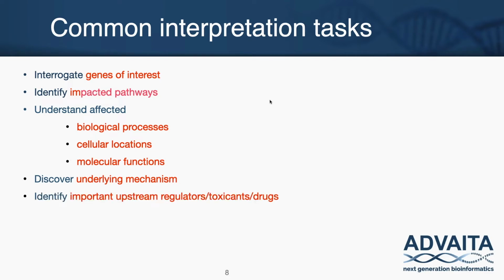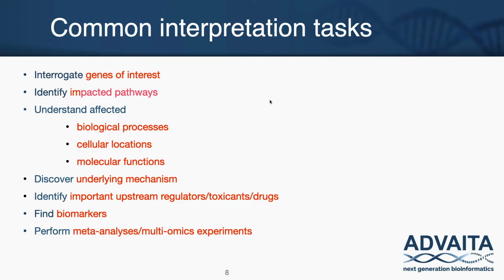Are there any important upstream regulators, be they genes or chemicals or toxicants or drugs? Are there biomarkers that could be used to differentiate between my conditions? Or is there a specific time point wherein a biomarker will signal that a change is about to begin?